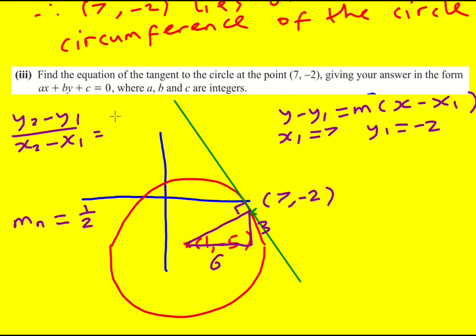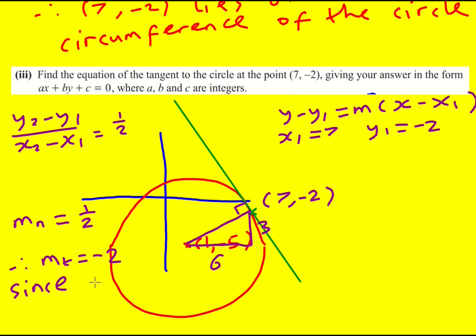Substitute the coordinates in, and you would also get a half. And therefore, the gradient of the tangent is going to equal −2, because it's a negative reciprocal, −2 over 1, which just simplifies to −2. The two of these multiply to give −1.